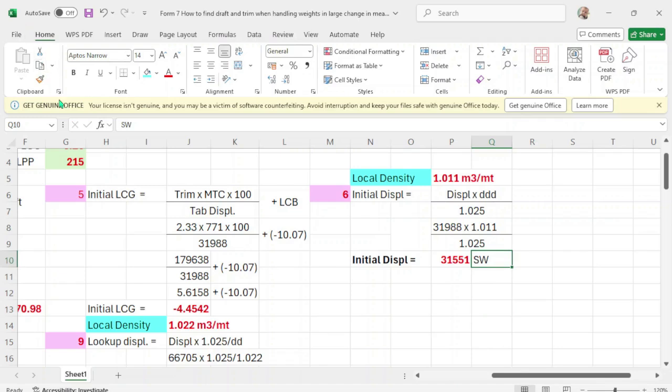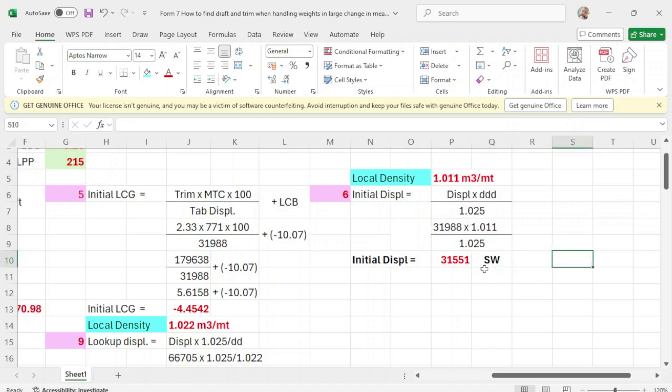Take note, guys, this is the salt water displacement, because this 31988 is floating in a density of 1.011. So you have to convert it to salt water, and your displacement will be 31958. If your density is 1.011, you have a larger displacement.